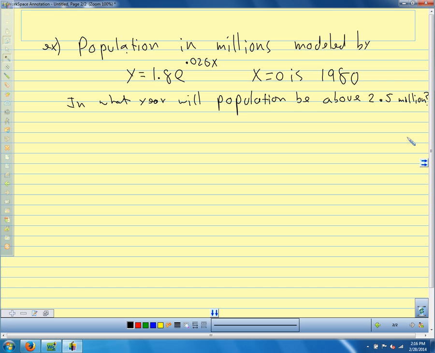So that's our question. With this model, when will the population be above 2.5 million? So how are we going to set this up? Where does the 2.5 million go? 2.5 million would be the y.